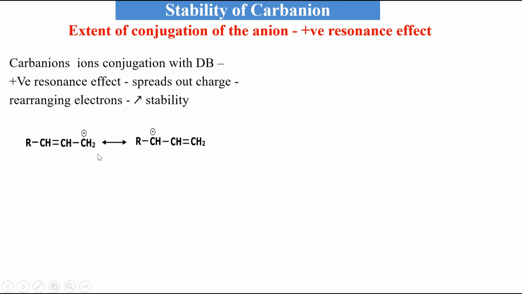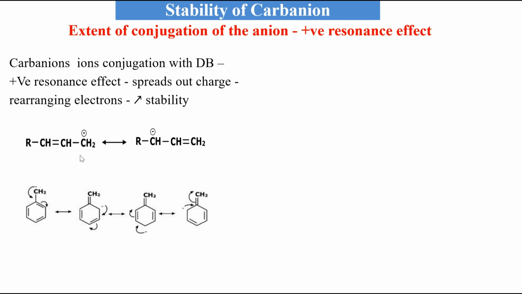Hence, each will have less burden. That's why it becomes more stable. In the case of benzyl carbanion, these excess electrons are shared with the phenyl group attached to the CH2 minus. Hence, it becomes more stable.